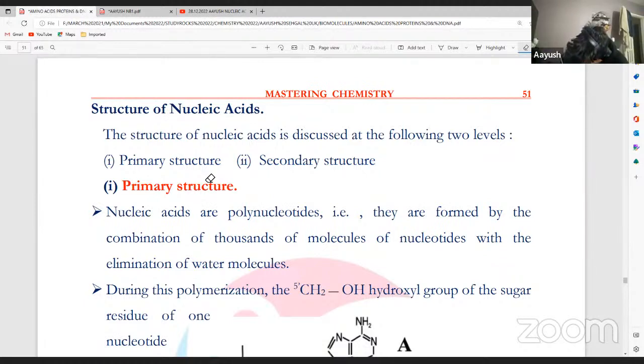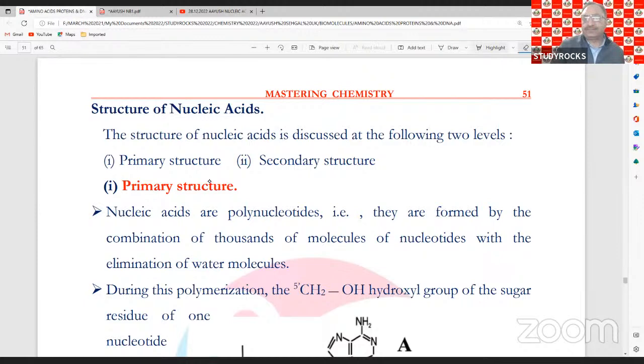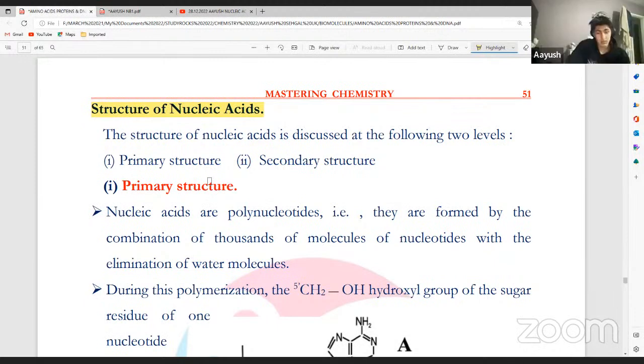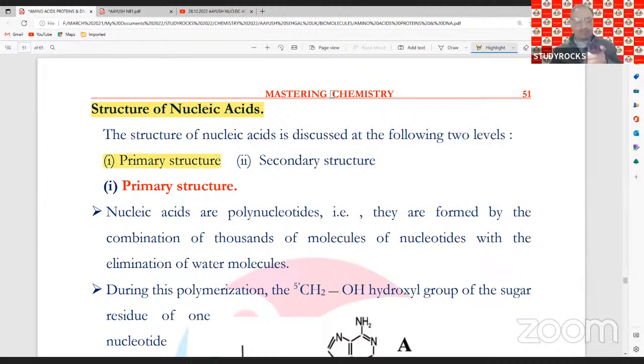Then, coming to the structure of nucleic acids. Similarly, as in the case of proteins, we can study its structure comfortably by dividing it into two components, primary and secondary structure.